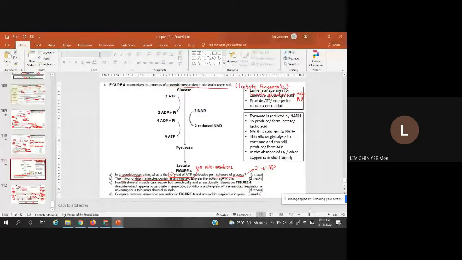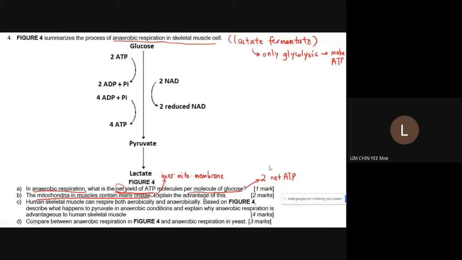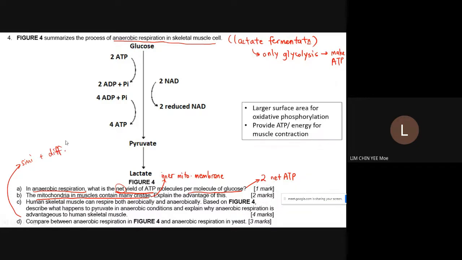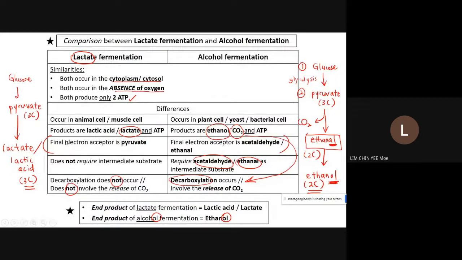Compare maksudnya differences sahaja ke ataupun similarity and differences? Both. Okay. If compare, then I need both similarities and differences. That's why you can give similarity and differences. Berapa markah?